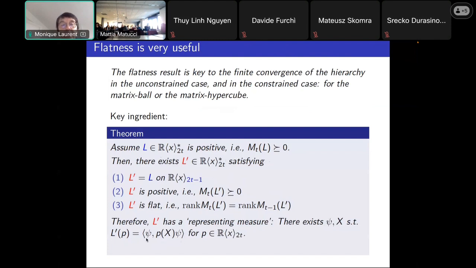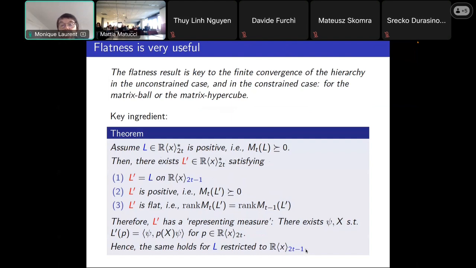It is of the form psi dot p(X) psi for all polynomials up to degree 2t. So this comes from the flatness result. So this L prime is nice. It looks like we want it to look, but L prime coincides with L up to degree 2t minus 1.